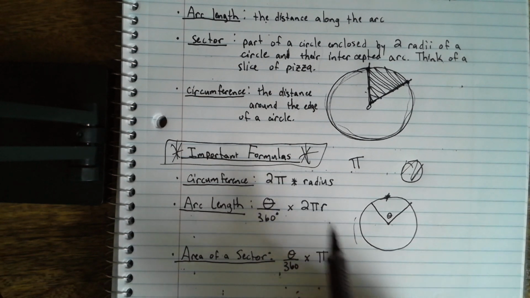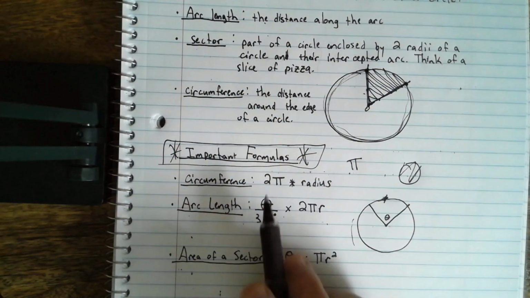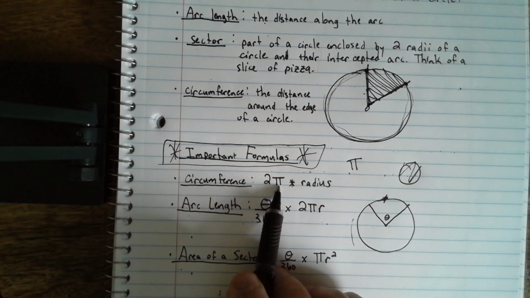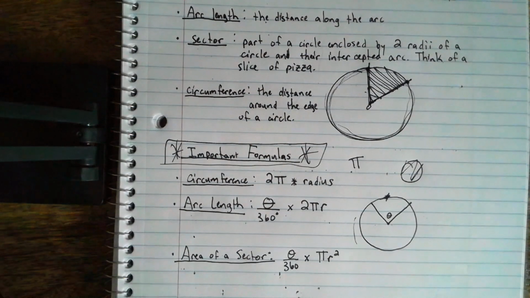So the circumference would be called 8 pi if this radius was 4. 2 pi times the radius. You want to leave the pi just as it is, and then we'll multiply 2 times whatever the radius is. That's the circumference of a circle.